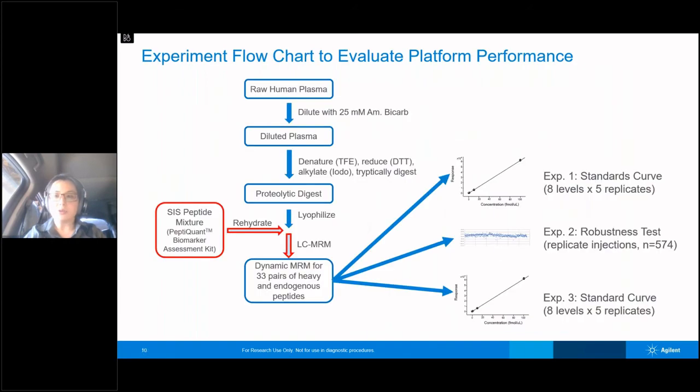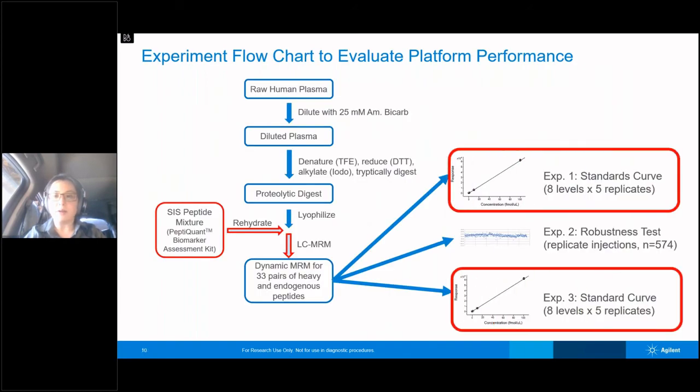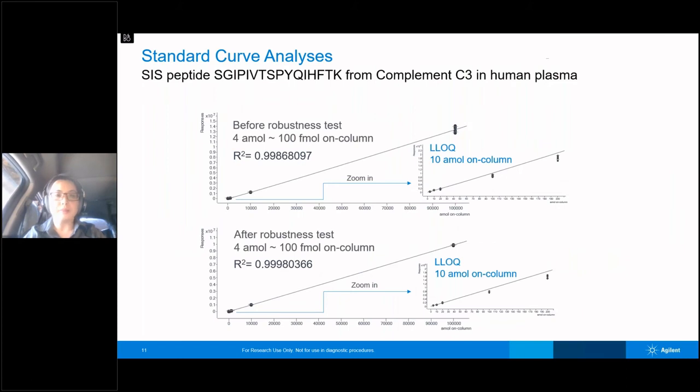So next, I would like to show the standard curve comparison run before and after the robustness test on the same column. Here shows one example peptide. This peptide comes from complement C3 protein in human plasma, and this is one of the well-responding peptides. The calibration curve ranges from 4 amol to 100 fmol on column, with 1 microgram human plasma also on column as the matrix.